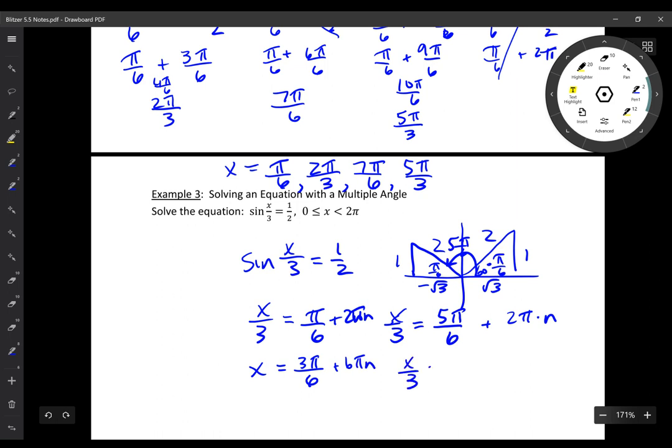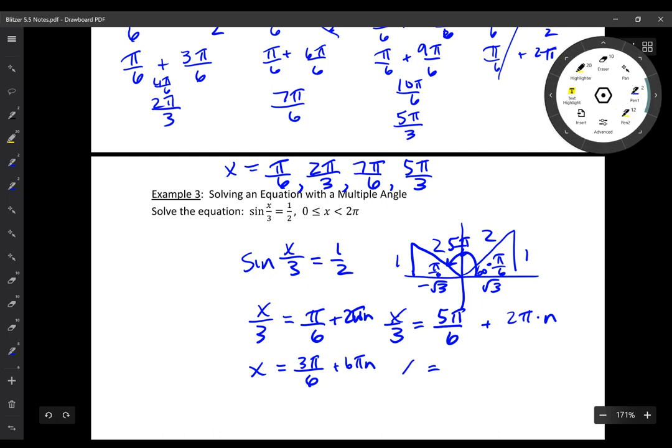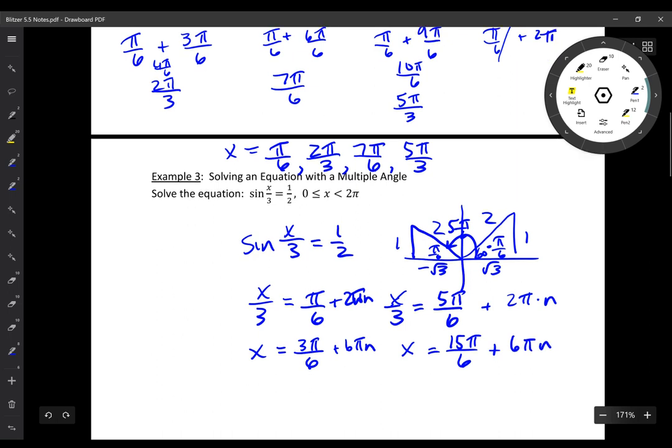And then my second one, x over 3, oh, got to multiply that one by 3 also. So when I multiply by 3, now I have x. 5 times 3 would be 15 pi over 6 plus 6 pi n.